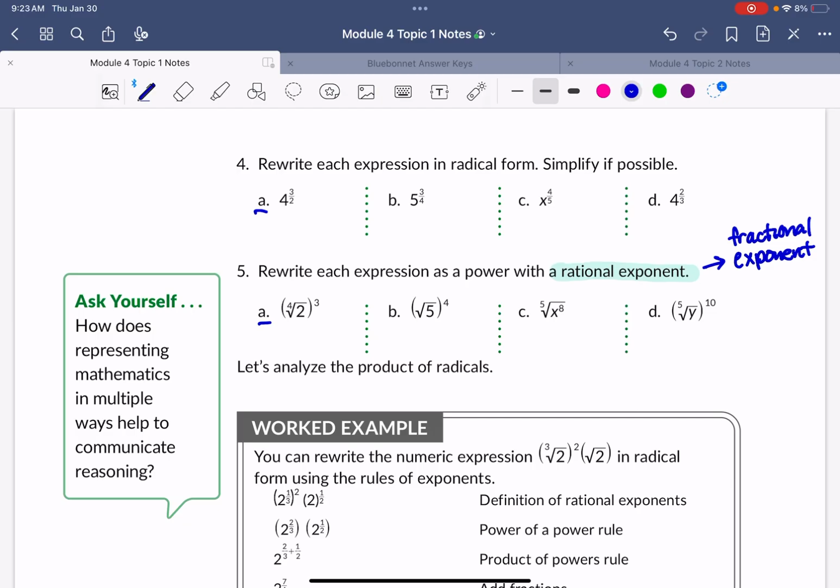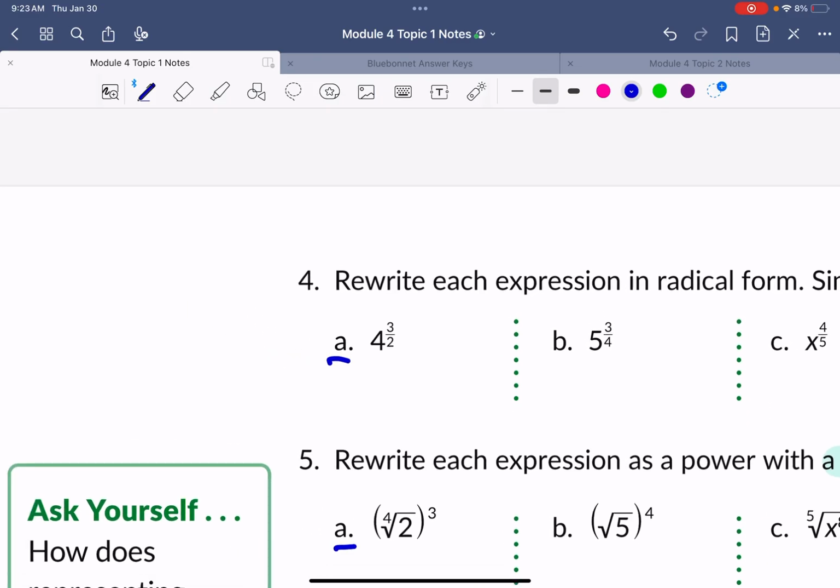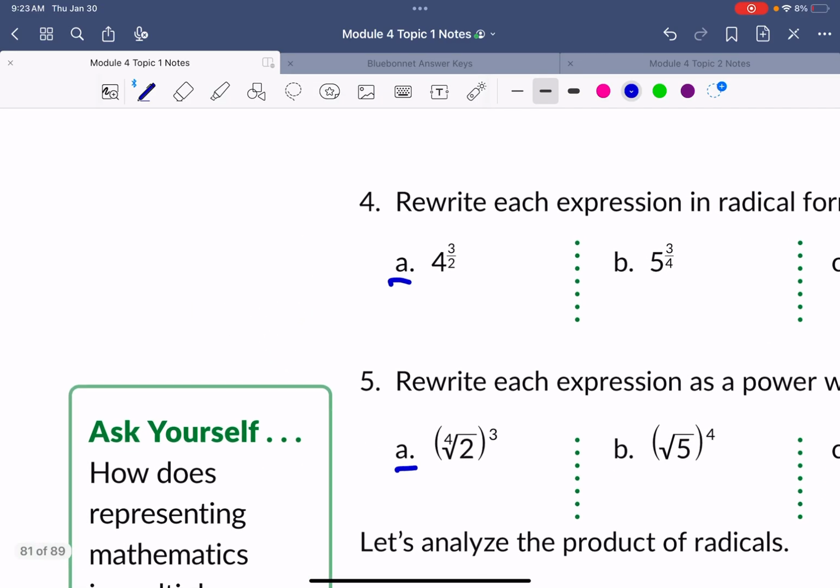Okay. So if I'm looking at 4 first. So 4 here. Remember that we had this rule, and I'll rewrite the rule. Your fractional exponent rule said that if you have a base to a fractional exponent, you can take the denominator of the exponent and write it as the index, right?